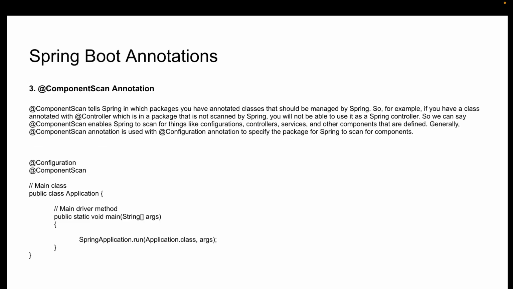And then came this component scan annotation. This component scan helps in scanning your entire code base, and it helps you distinguish which classes are termed as what. It scans the classes that you have annotated and that you want to be managed by the Spring IoC container.